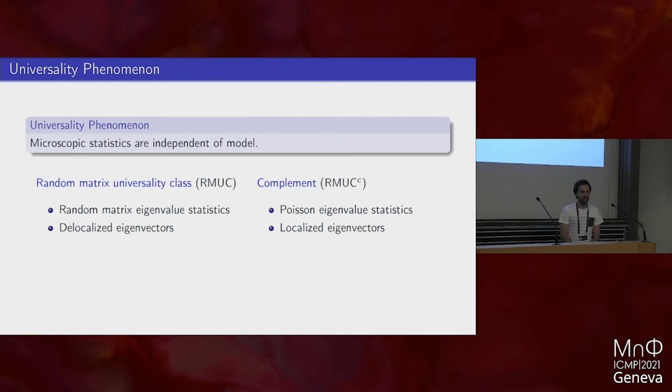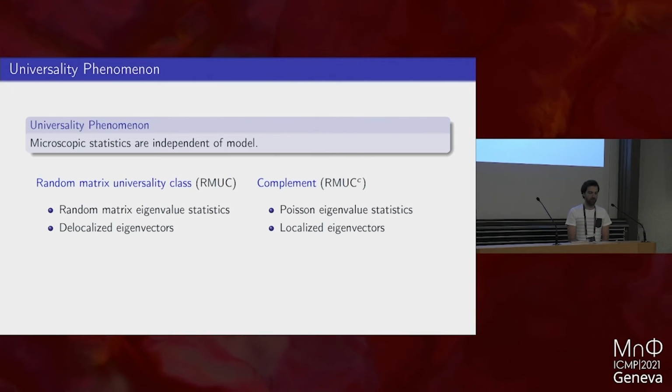The characteristic features of models that are in the random matrix universality class are that one sees random matrix eigenvalue statistics for the eigenvalue fluctuations on the microscopic level, and the eigenvectors show a delocalized behavior, which means that the mass of the eigenvectors is basically uniformly distributed among its components.